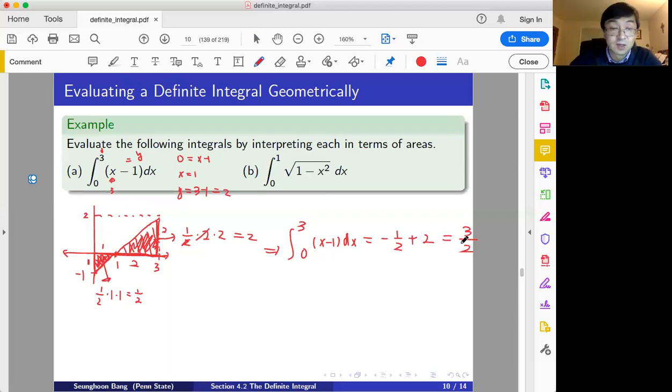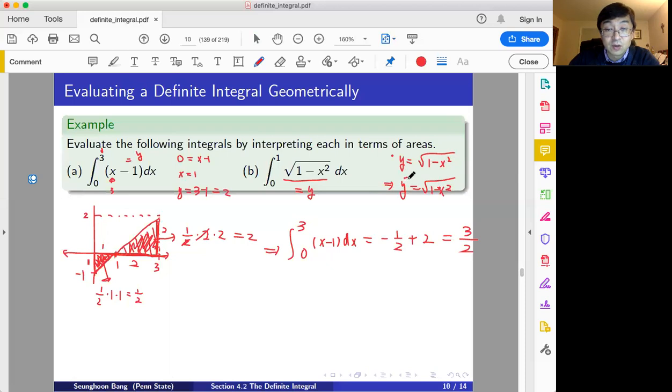The second one is very similar. So what's that? Here, the square root of 1 minus x squared, you can write as y. So y equals the square root of 1 minus x squared.